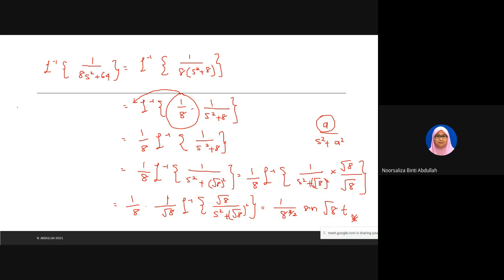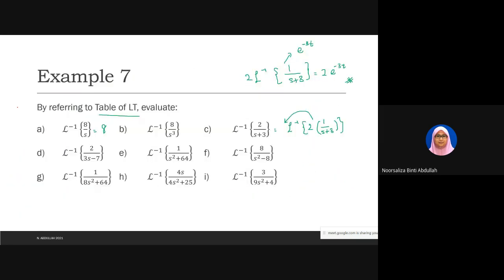Boleh kot. Kalau jawapannya sama boleh lah. Okay, madam. Jawapannya sama doktor. Kalau sama boleh. Okay. Okay, so kita tengok next. Ada soalan lagi? Sebelum saya move to next example.